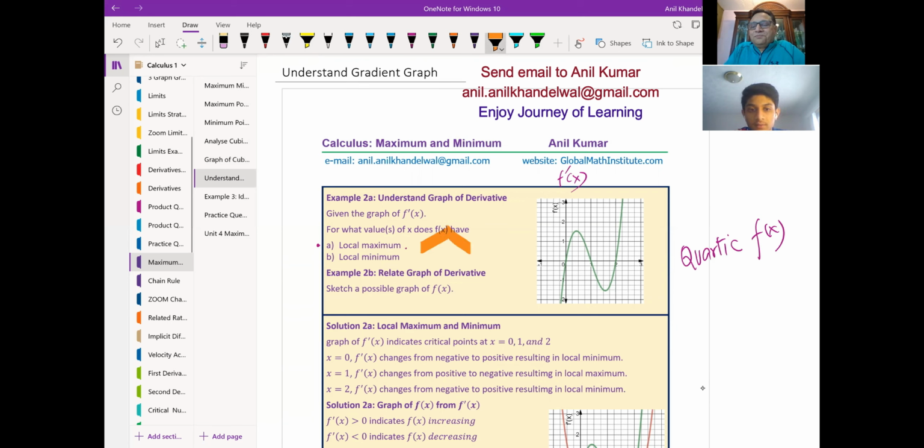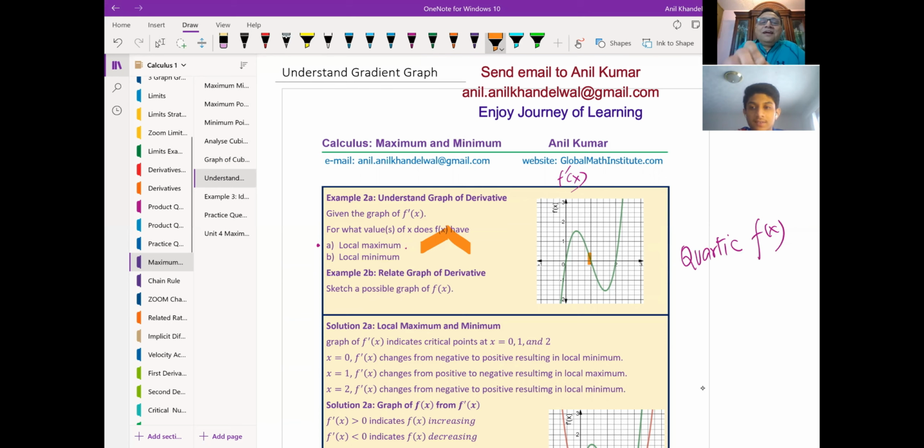No. A local maximum is a point where the derivative is changing from positive to negative. So where does it change from positive to negative? At this point, you see, this is a graph of the derivative. So the derivative is positive from 0 to 1, correct?